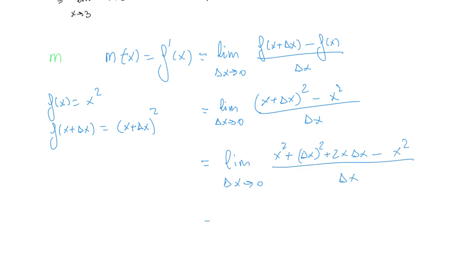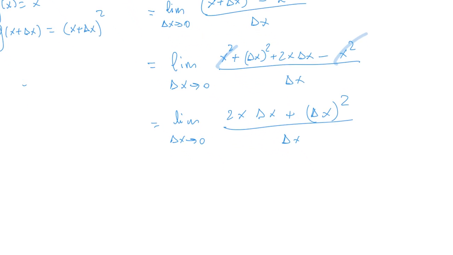So this limit will be the limit when delta x approaches 0 of what? x squared is cancelled with this. So it will be 2 times x delta x plus delta x squared, divide everything by delta x.